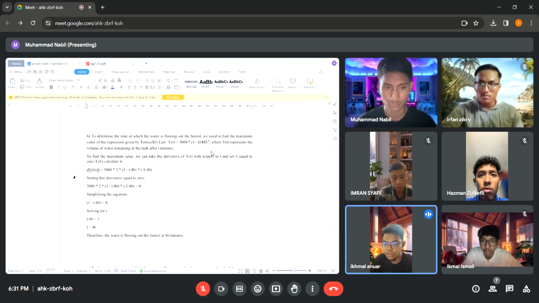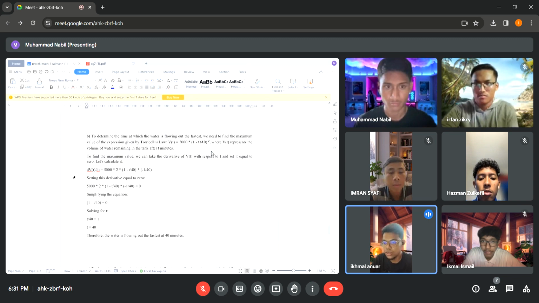To find the maximum value, we can take the derivative of V(t) with respect to t and set it equal to 0.